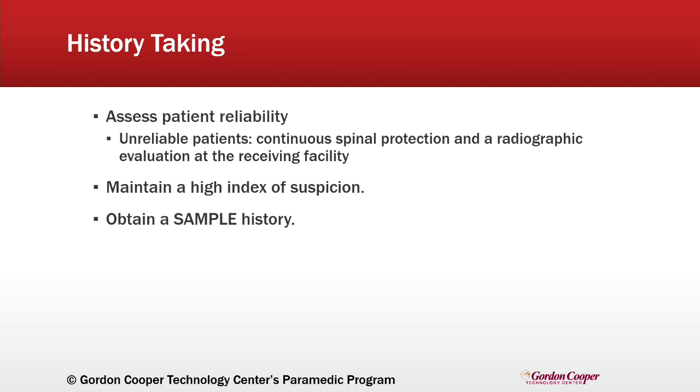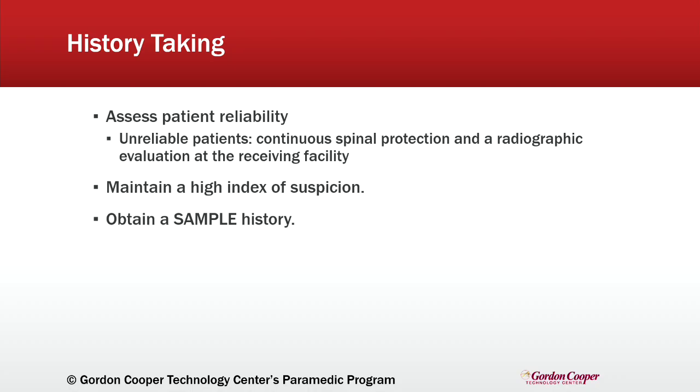Unreliable patients need to still have continuous spinal protection until an appropriate radiographic evaluation can rule out any injuries, quite simply because they're not able to provide you with good and reliable information. You should always maintain a high index of suspicion and treat all patients with major trauma above the clavicle or who are found unresponsive as if they have a spinal injury.